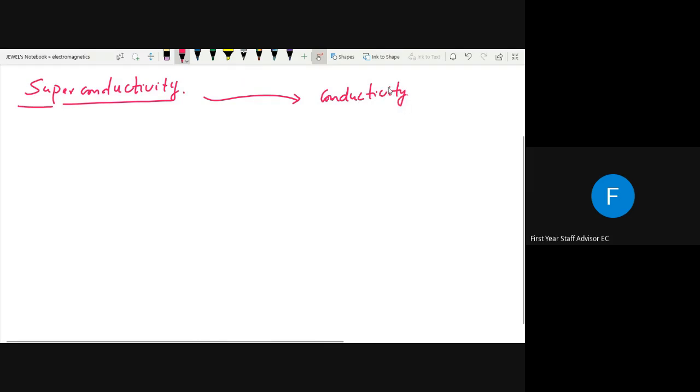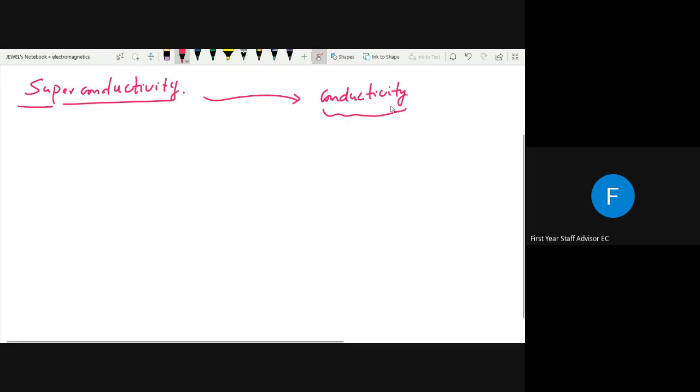Generally speaking, conductivity is the ability of a material to pass current or charge carriers along it. Normally in metals or conductors, the surface electrons or the electrons in the valence band move along the surface of the metal in order to conduct electricity. And we classify materials based on conductivity as conductors, insulators, and semiconductors. So conductivity is the ability of a material to flow current across it.